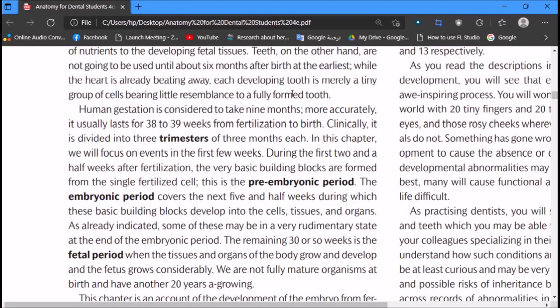The use of many drugs and chemicals is very strongly contraindicated during pregnancy, as they can cause developmental defects.